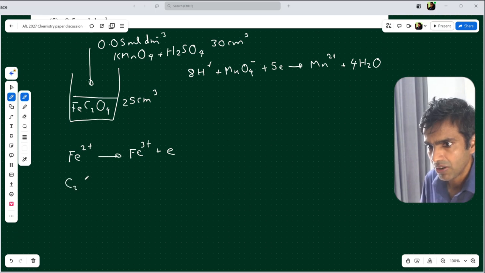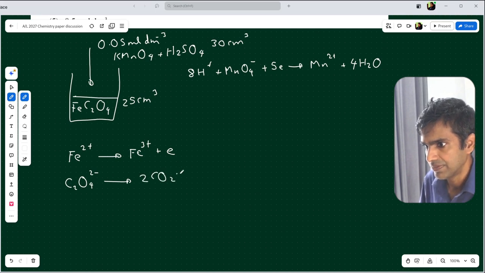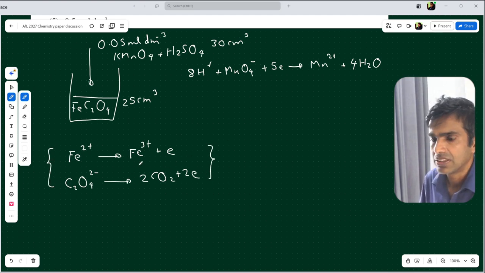Then oxalate ion oxidizes to carbon dioxide. So we can write oxidation half reactions for both ferrous ion and the oxalate ion. Then we can add these two equations in the 1:1 mole ratio to get the overall oxidation half reaction.